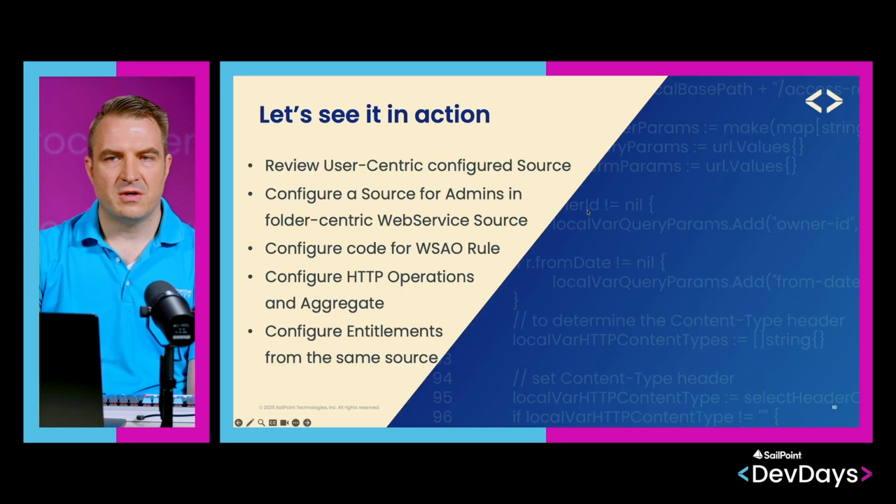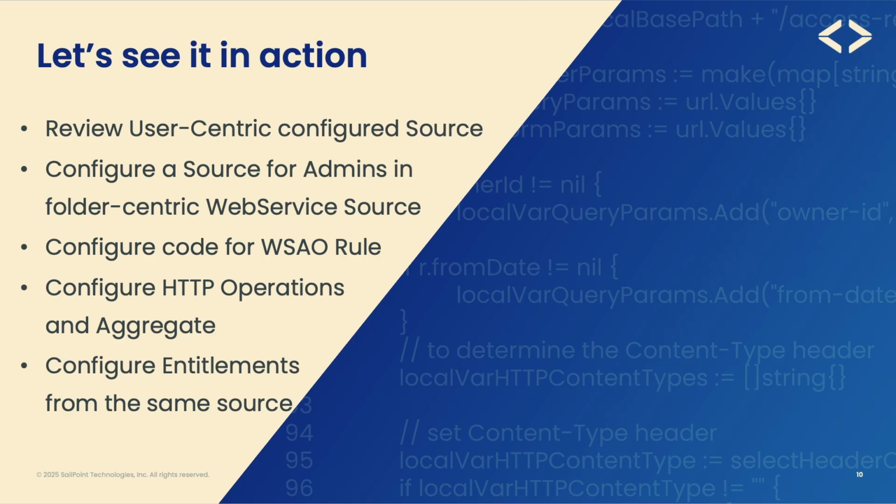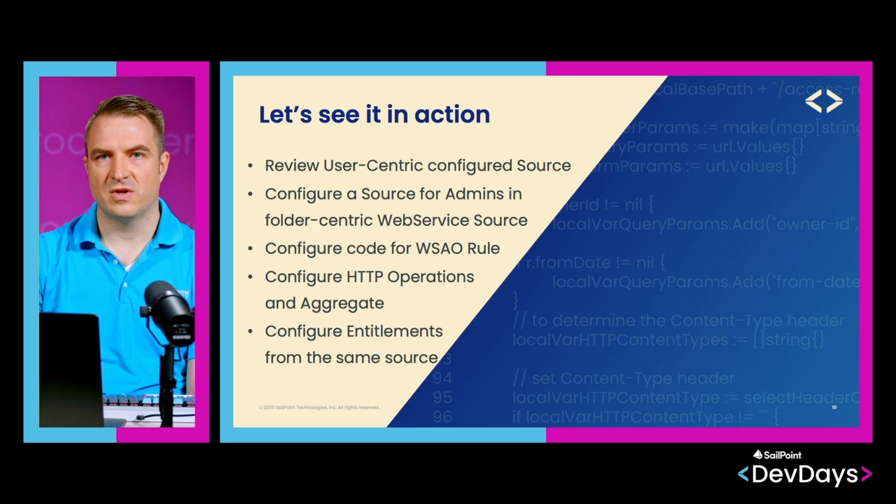All right, so I'm going to show some of this. First, I'm going to show just roughly what the user-centric configuration would look like. And then I'm going to bring up the non-user-centric that I've set up, and I'll go over how I've configured the initial HTTP response for that. And then we'll go look at the code for the web service after operation rule to see how that came about.